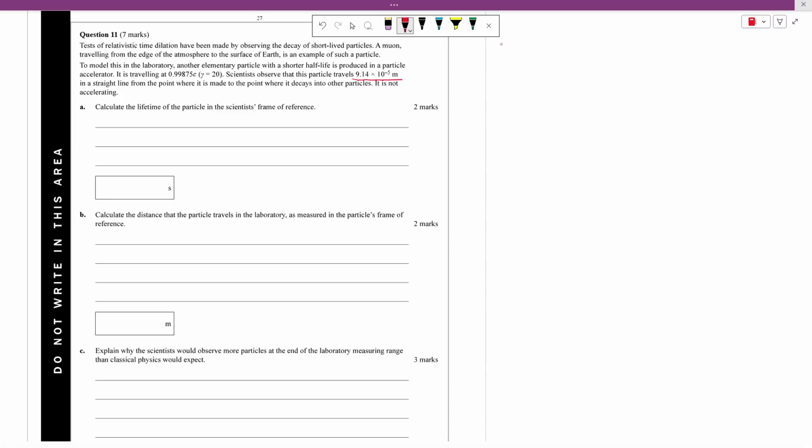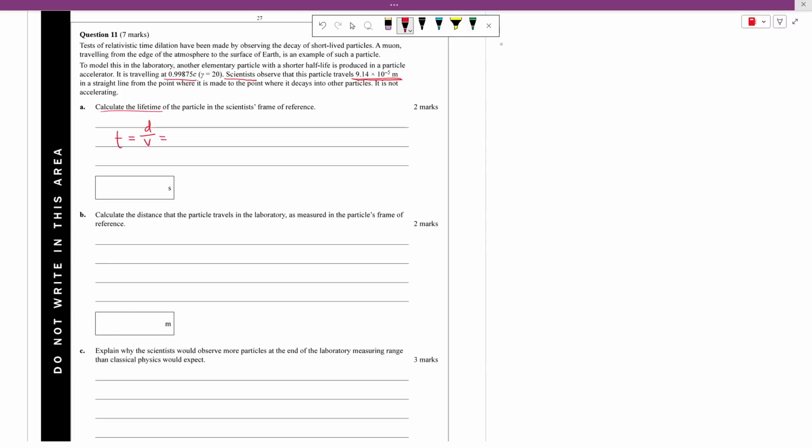So from the scientist's point of view, we could work out how long that particle lives for. This is just a speed equals distance over time formula, because we've got how fast it's going, we've got how far it travels, we want to know how long it lives for. So this is just t equals distance over speed.